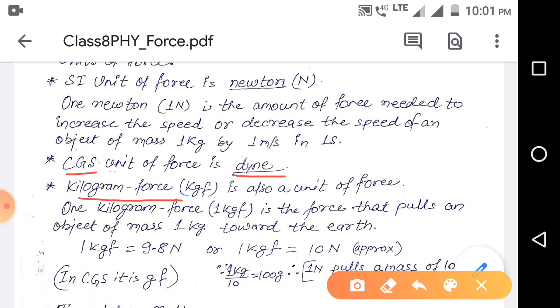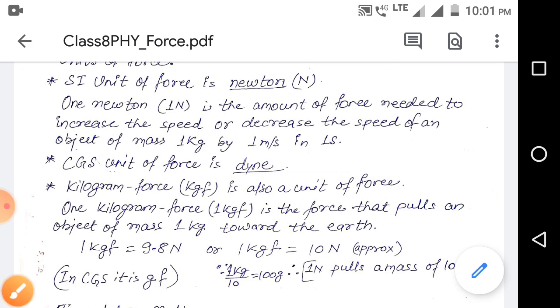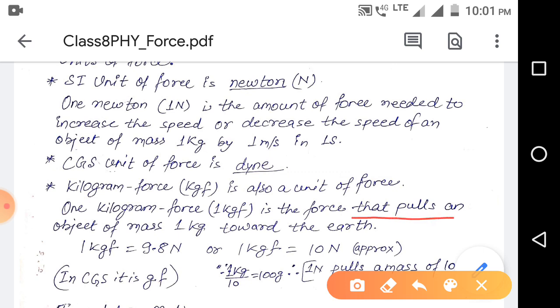Now we can define kilogram force as the amount of force that pulls an object of mass 1 kg toward the earth.